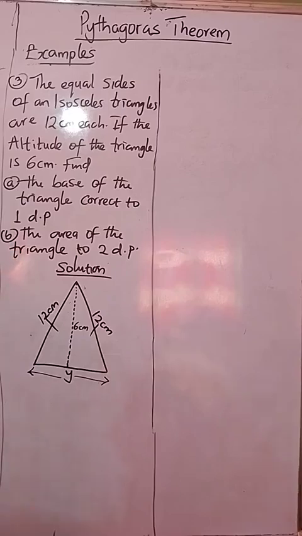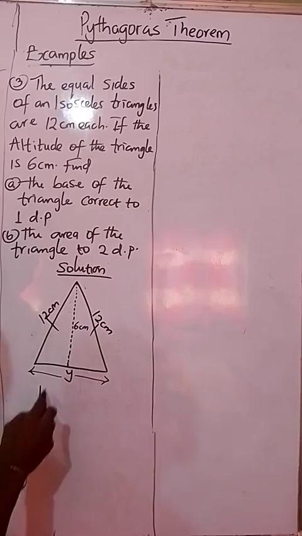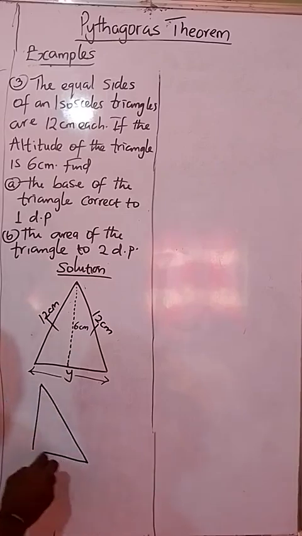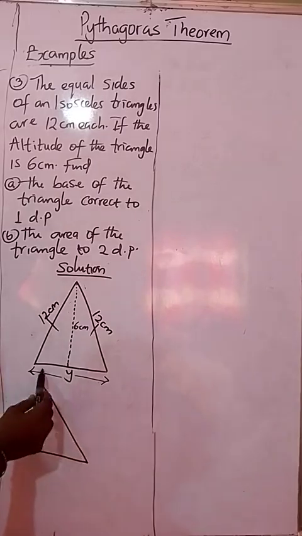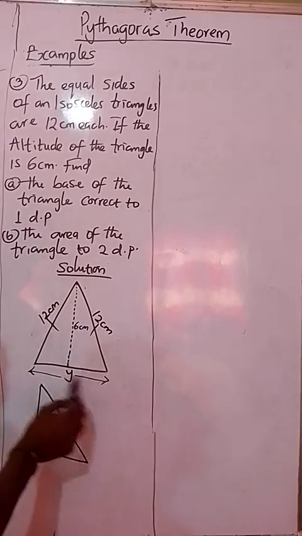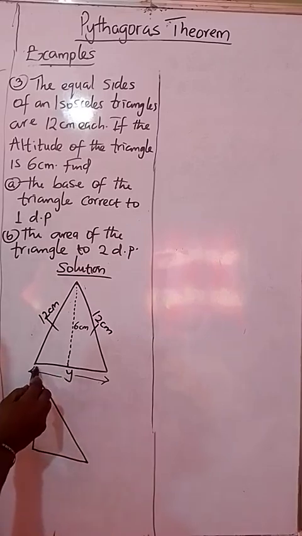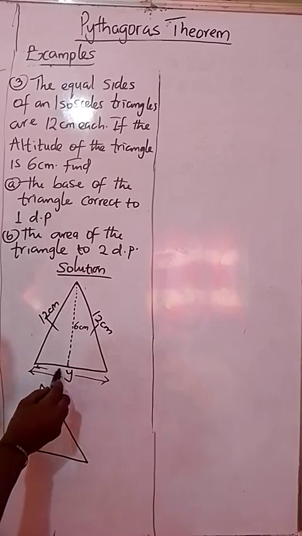So remember, to solve a Pythagoras theorem, you are going to need only a right angle triangle. So let's split this isosceles triangle into 2. So we are going to have this. Remember, this is y, so half of y. So this is what we need. That's y over 2.